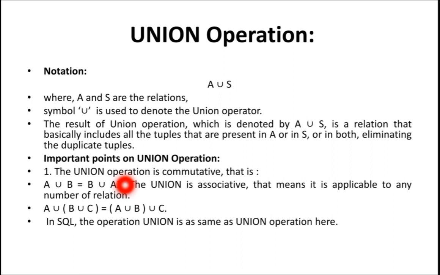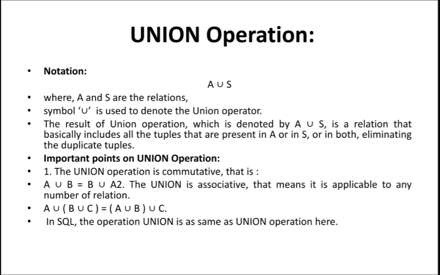And also the union is associative. That means A union of (B union C) is equal to (A union B) union C. A union B is equal to B union A means the result doesn't change. You can start from the second relation or from the first relation, no problem.